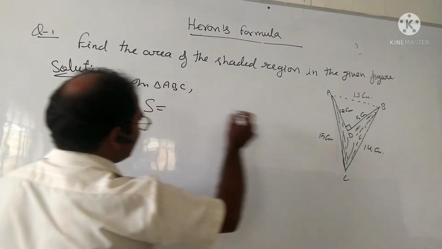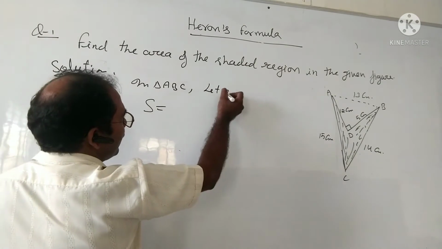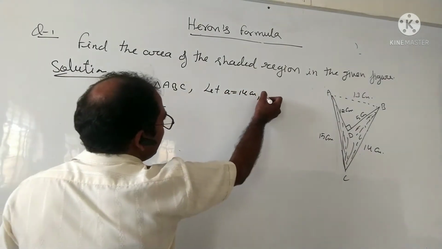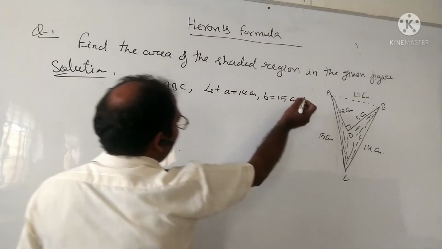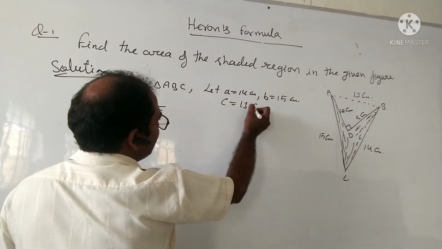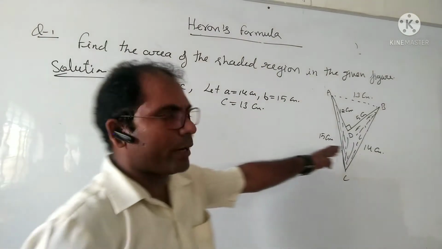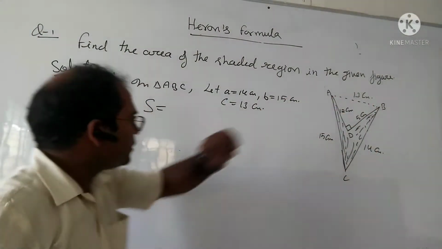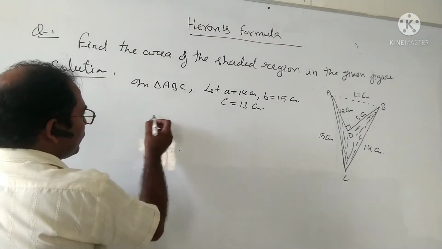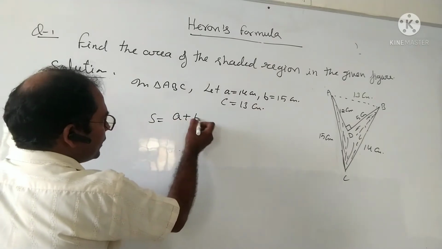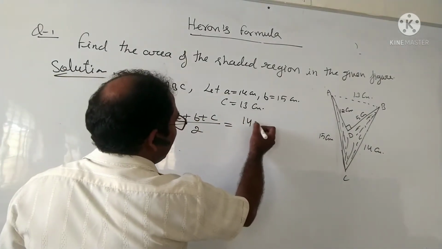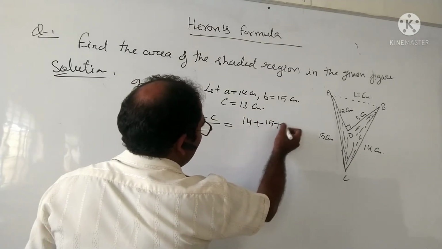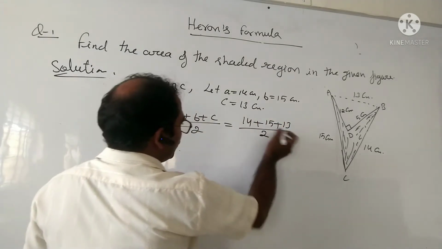Semi-perimeter is the sum of all three sides divided by 2, that is 14 plus 15 plus 13 upon 2.